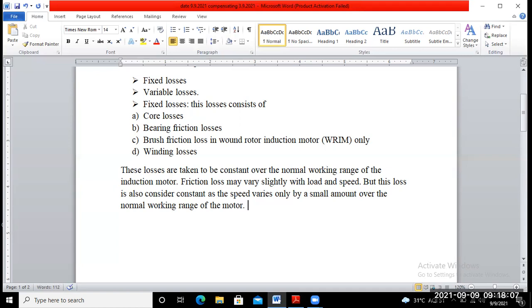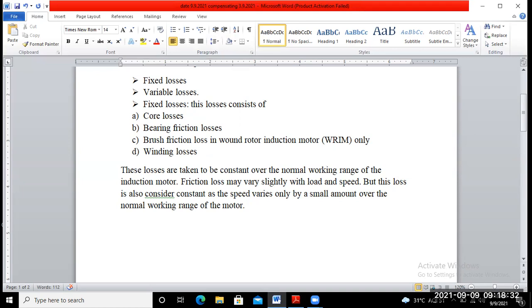Okay, so a three-phase induction motor under its usual working condition has very low frequency current in the rotor circuit. As we know, the rotor frequency, which we already derived in the previous classes, is the product of the slip and the supply frequency.